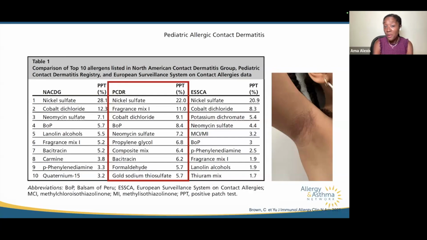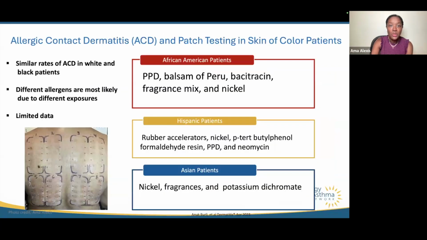We see fragrance, cobalt is a metal, balsam of Peru is a fragrance. Neomycin and bacitracin are topical antibiotics. Propylene glycol is a preservative. Compositae mix falls under the fragrance category. Formaldehyde is another preservative, and gold, again, is a metal. So it's kind of similar, but with different exposures, we may get different numbers of what patients respond to.